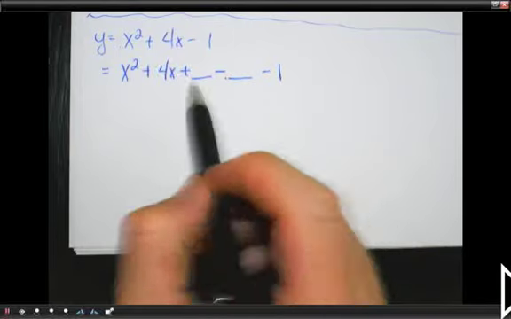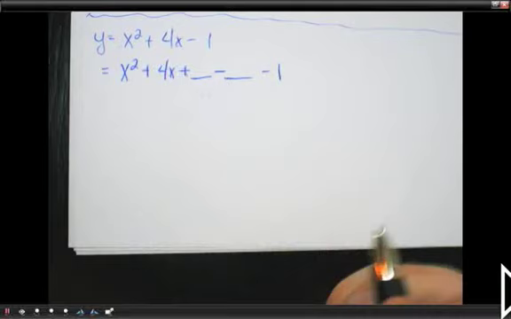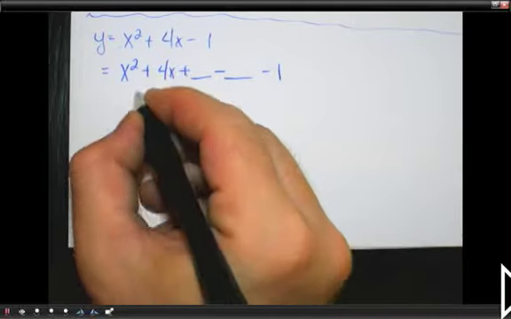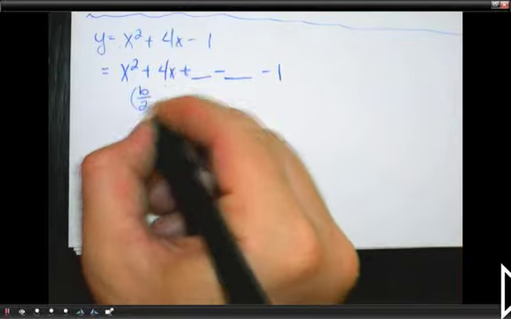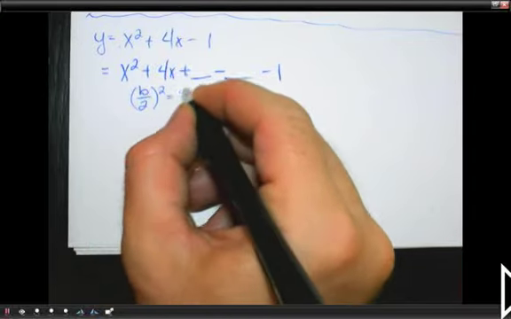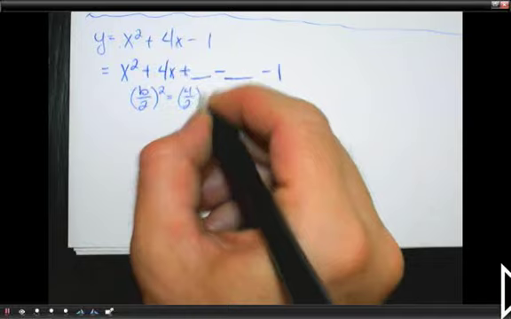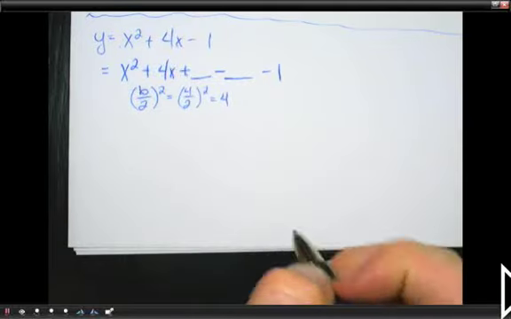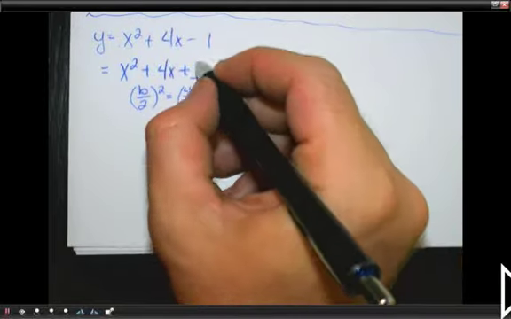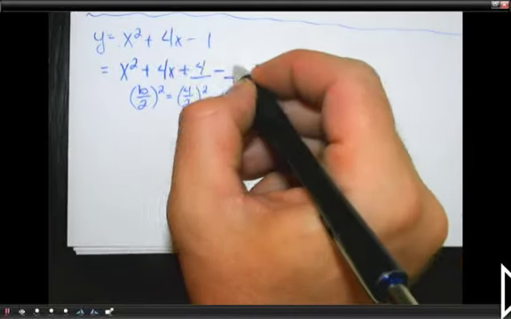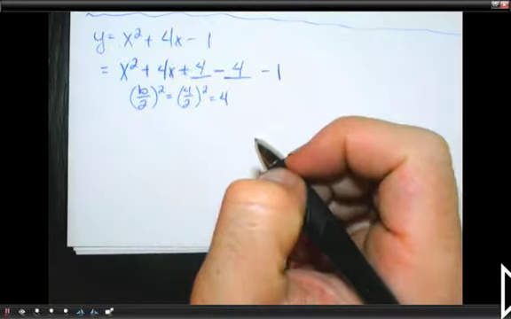So I can't change my function, so I have to add and subtract the same number. Well, I just have to do what was on that last page there. It says b over 2 squared. In this case, it's 4 over 2 squared, which ends up being 4, because 4 divided by 2 is 2, squared is 4. So I'm going to add 4 and subtract 4 from both of those blanks.